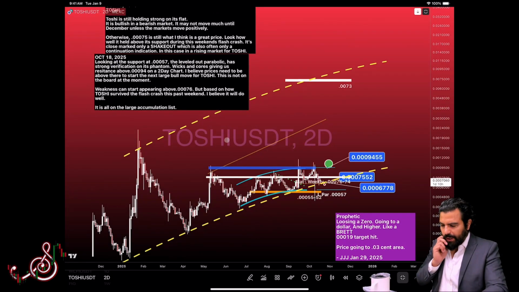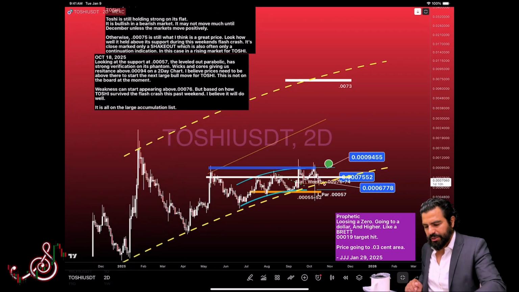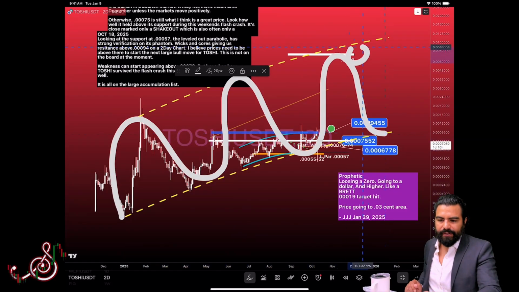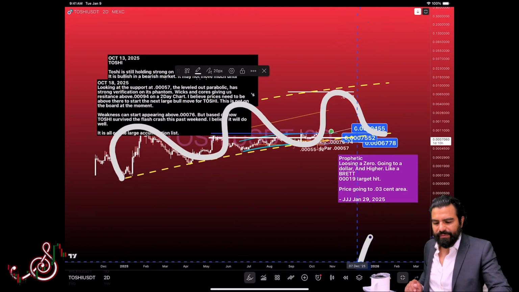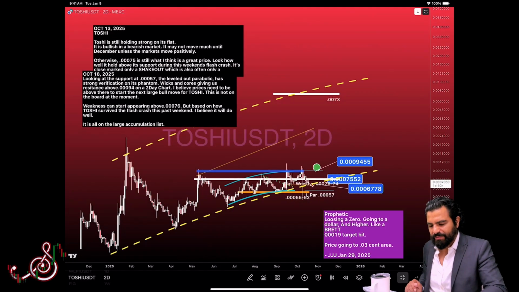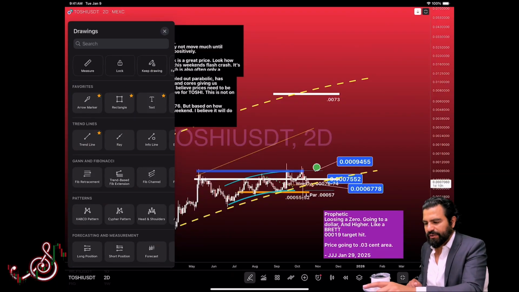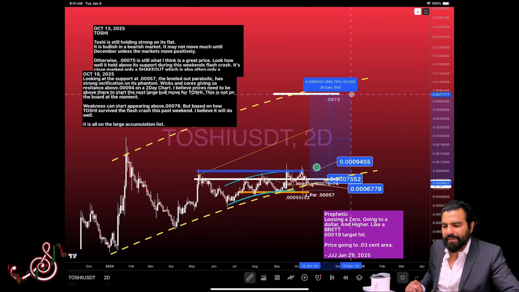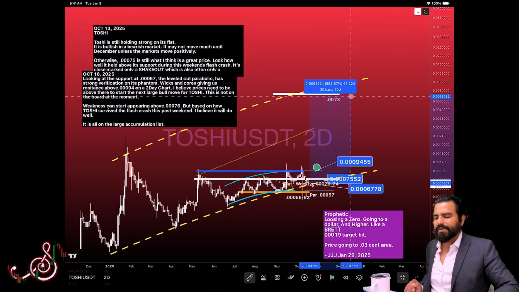I'm looking for Toshi to hit some numbers within its oscillation up here, and farther beyond, maybe in the future. But right now, just based on what I can see, the move for Toshi is just insane. If it moves up here, it's around 900%. It's just huge.